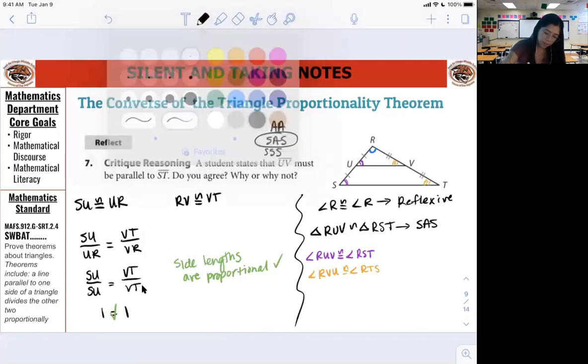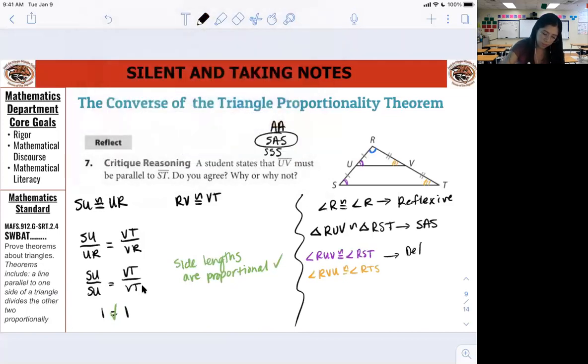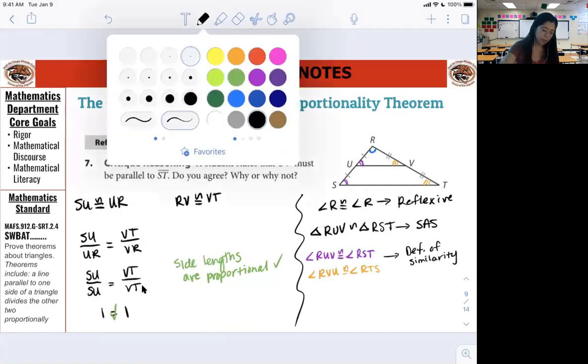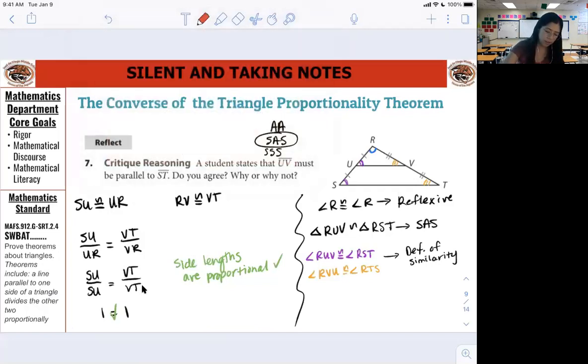That just comes from the definition of similarity. And then finally, what do we know about the relationship if these are congruent? You can think about this as transversals.